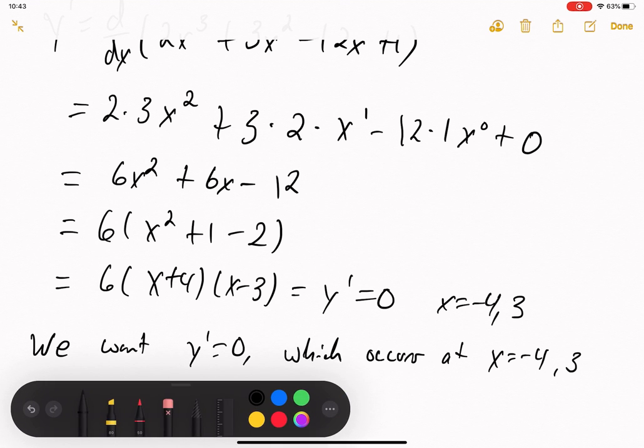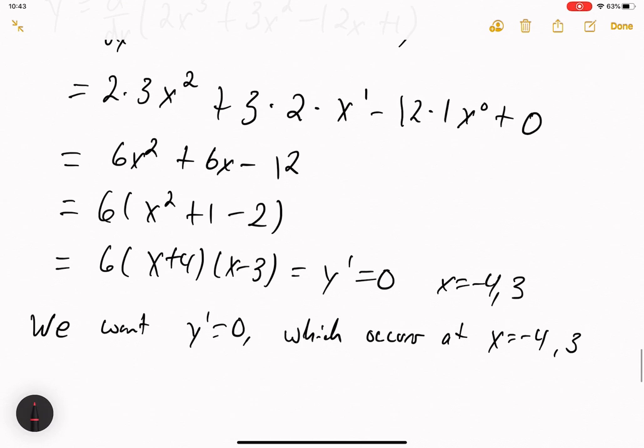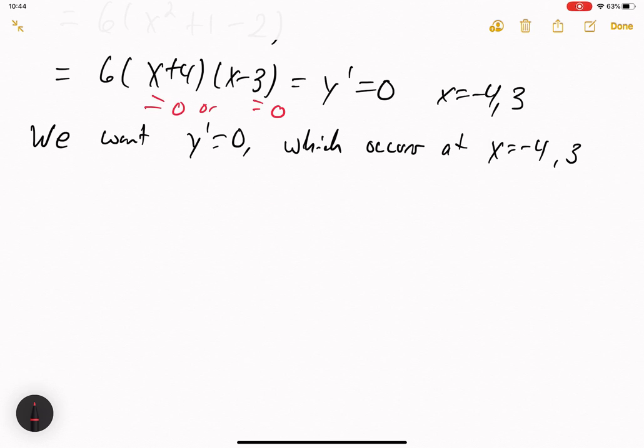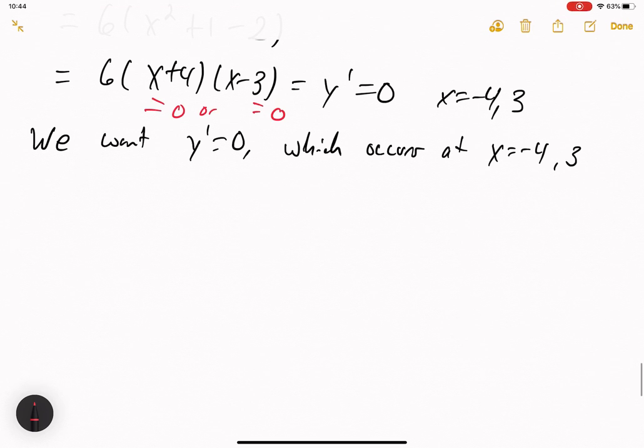Because that's one of the properties: if you have something like this equaling 0, then either this is equal to 0 or this is equal to 0. So I already plugged in those points, plugged in the y values.